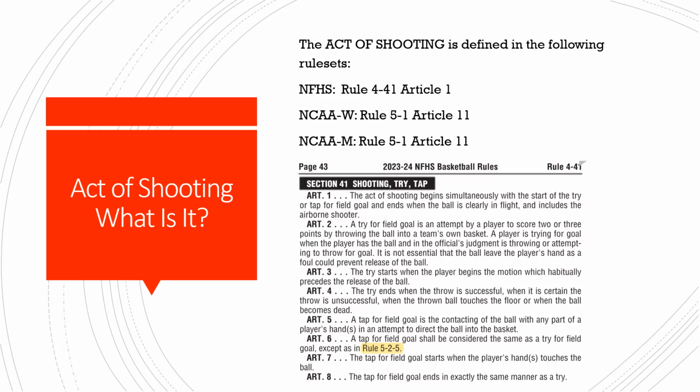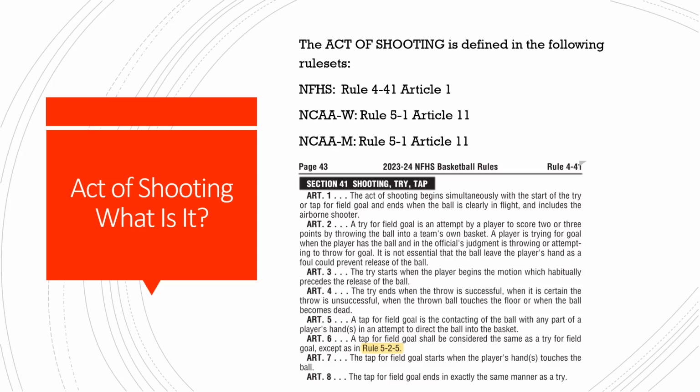In the National Federation High School Rule Book, it is very well defined, and notice it is in the same section as shooting, try, tap. That is by design. The act of shooting begins simultaneously with the start of the try or tap for field goal and ends when the ball clearly is in flight and includes the airborne shooter.